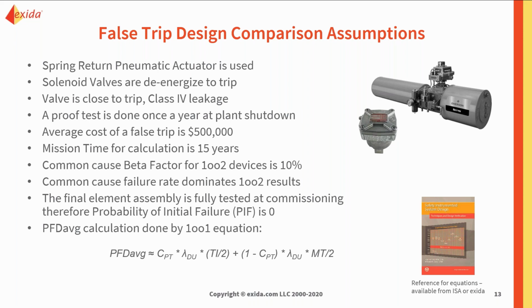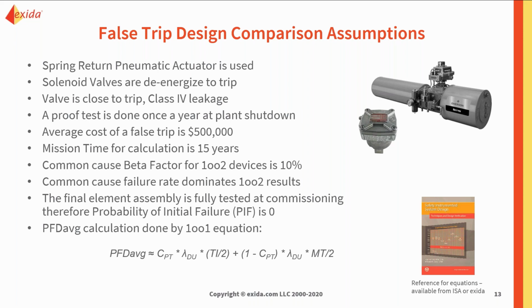The average cost of a false trip for this plant was $500,000. The mission time for our final elements was 15 years. We used a common cause or beta factor for the 1 out of 2 devices of 10%, and any common cause failure rate dominated the 1 out of 2 results.